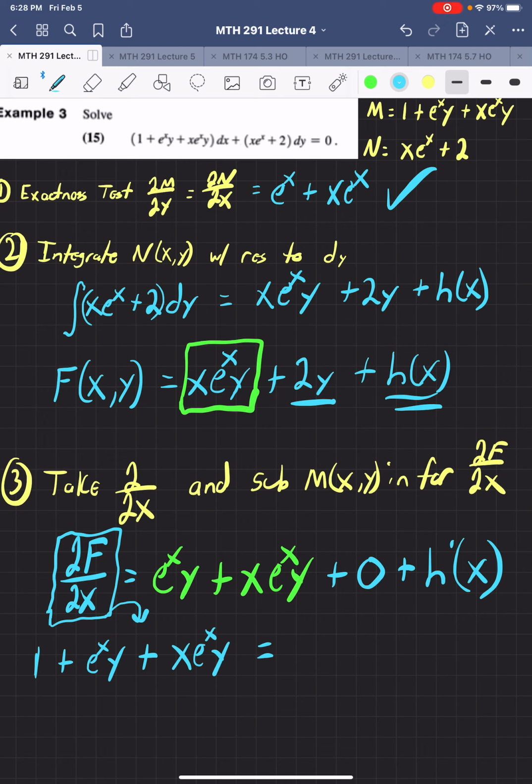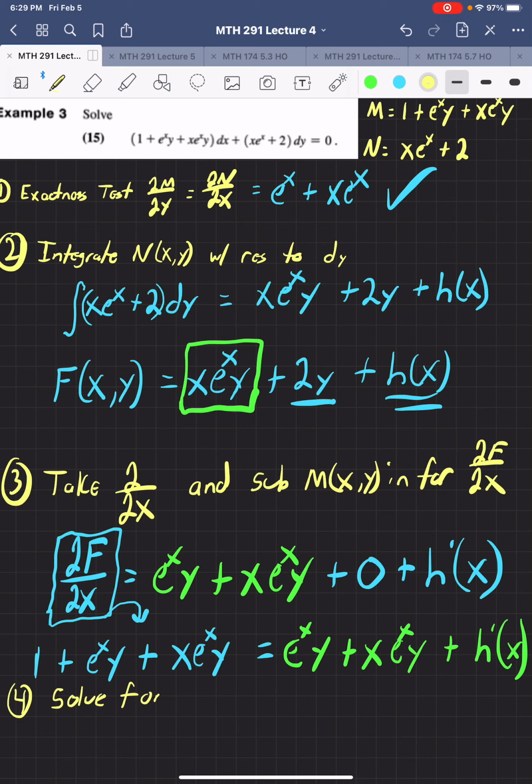And now let's go ahead and drop everything down. e to the xy plus x e to the xy plus h prime of x. Okay, so at this stage, the goal is to solve for h prime.